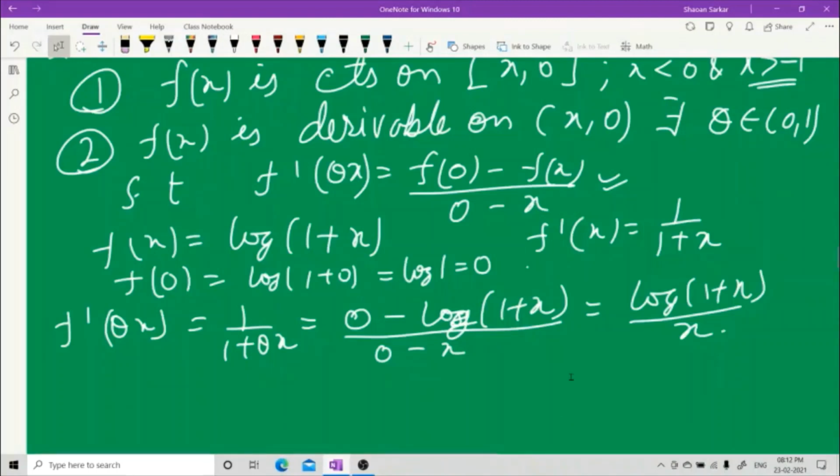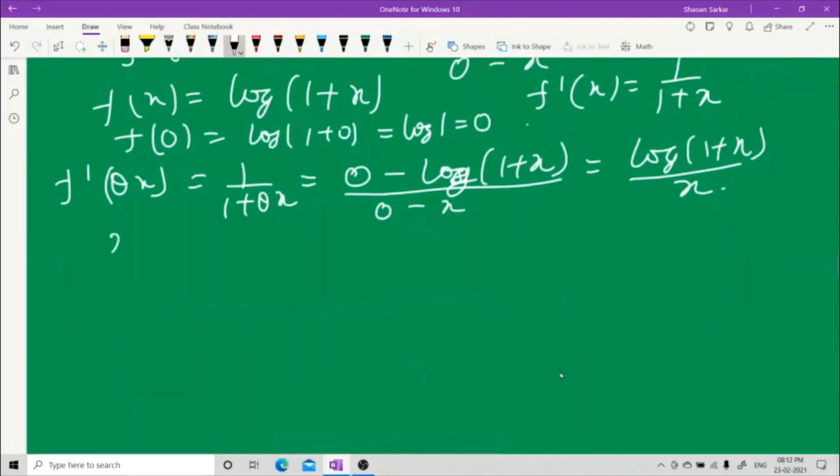Now cross multiply this. So you get x upon 1 plus theta x is equal to log 1 plus x. Now this is an important equation.